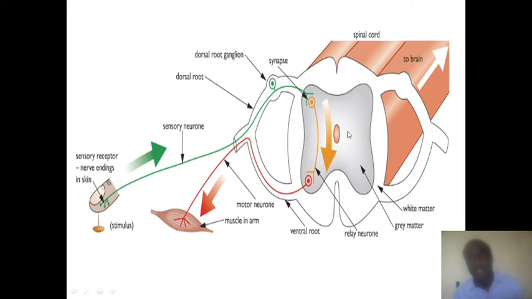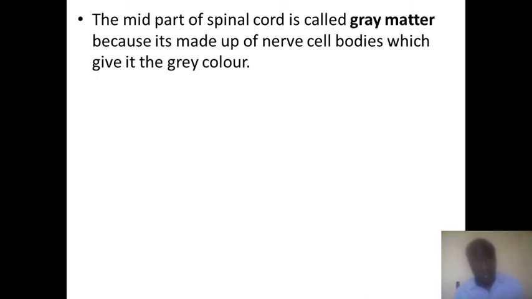When you look in the spinal cord, we have this part here, which we call the gray matter. It appears gray because it is made up of nerve cell bodies, and those nerve cell bodies give it the gray appearance.